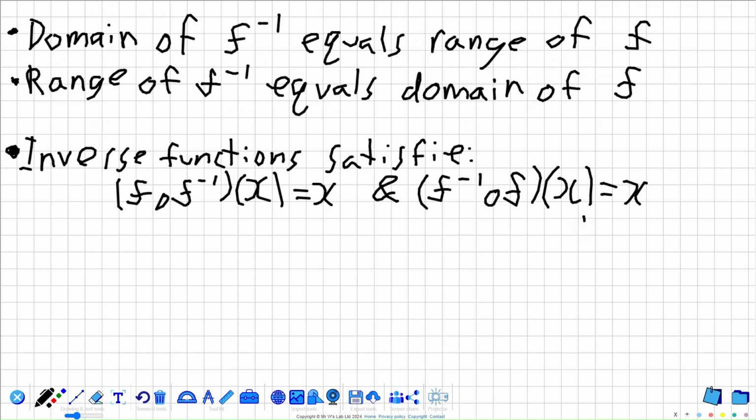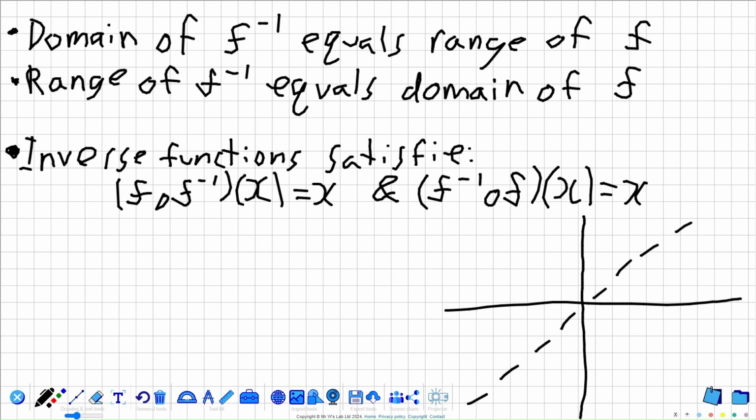And then it is worth mentioning one of the main reasons you need the function to be 1 to 1. Let's say we had a function, so let's draw the graph here, y equals x, and let's say we had a function that looked like that.